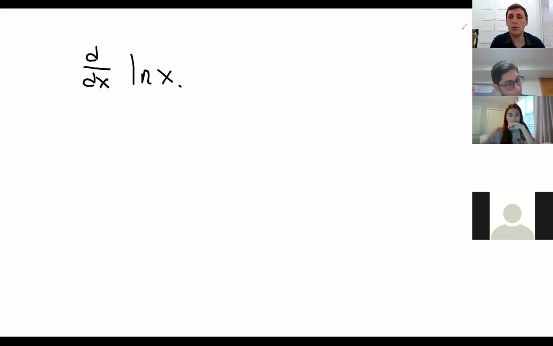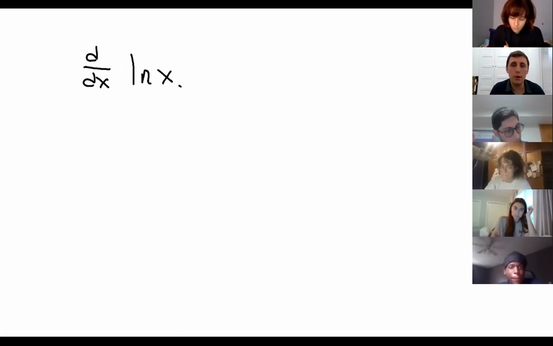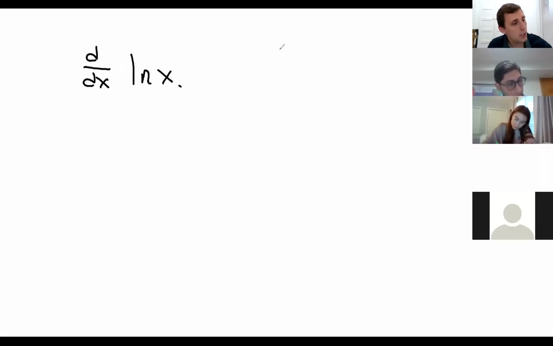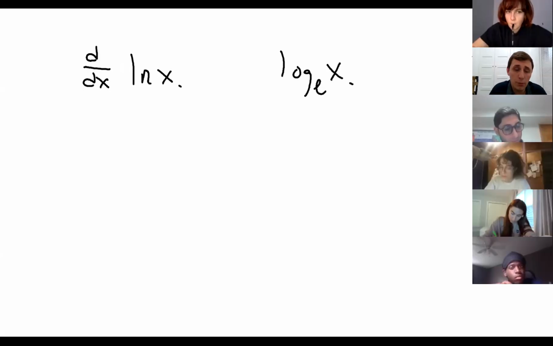Would you advise, how do I carry out this derivative? Do you remember what is ln of x? If you don't, it is log base e of x. How do I find the derivative of ln of x from what we know from before? Tell me 2 steps, not the answer. I mean, maybe you can Google it or know it. Tell me 2 steps that I need to carry out to figure it out on my own.